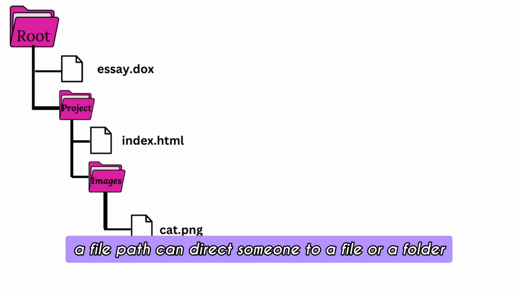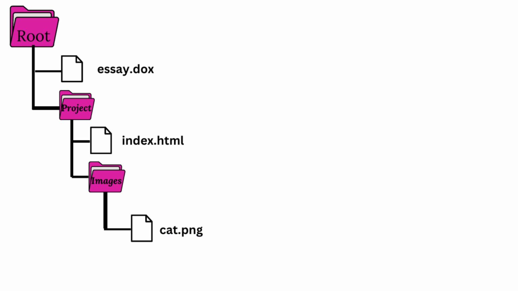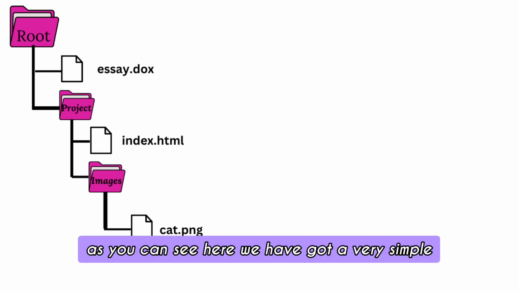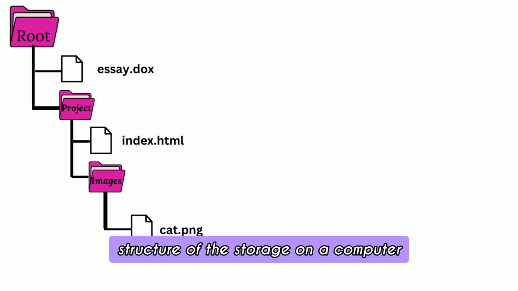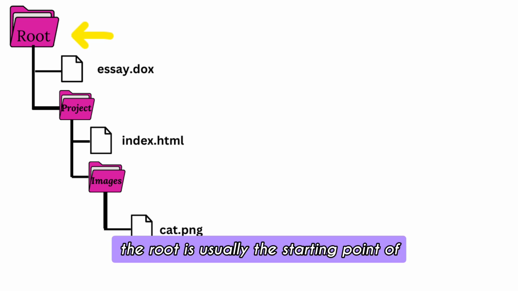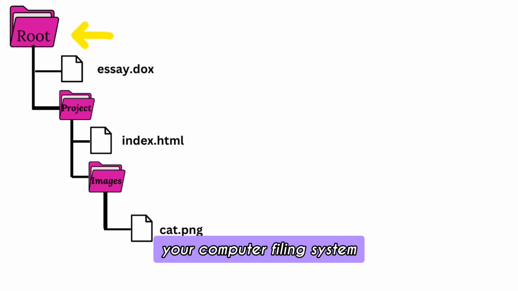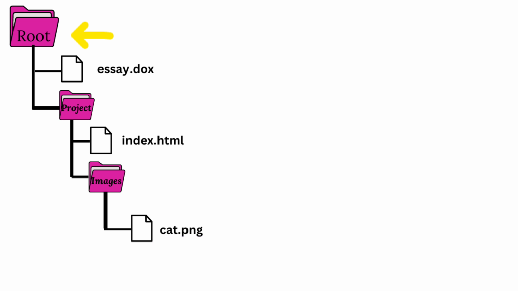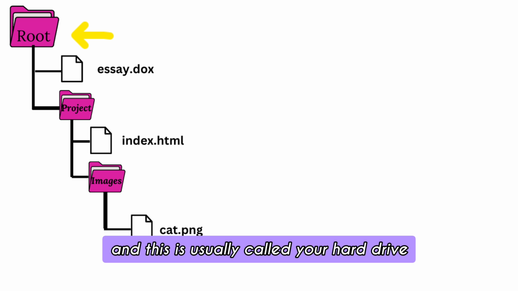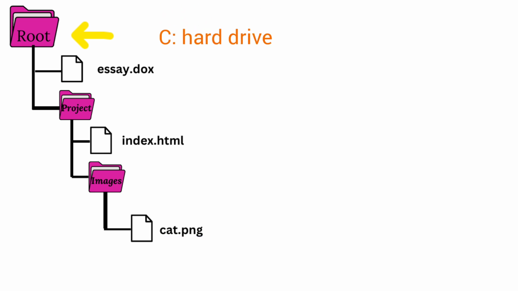A file path can direct someone to a file or a folder. As you can see here, we have got a very simple structure of the storage on a computer. The root is usually the starting point of your computer filing system, and this is usually called your hard drive.